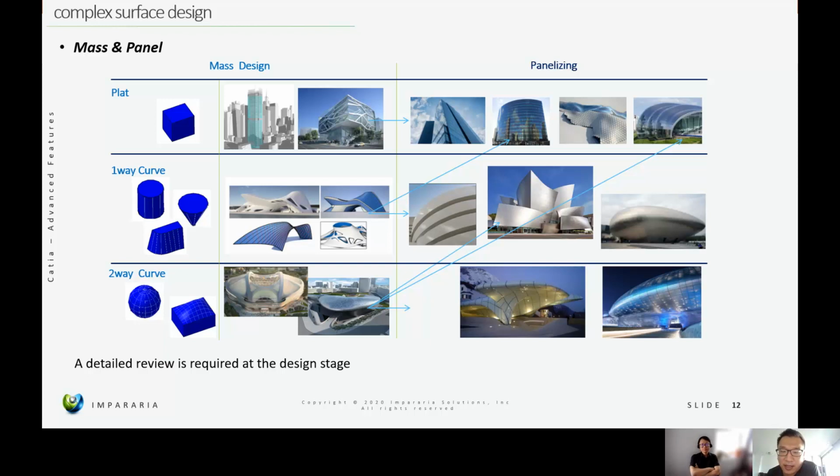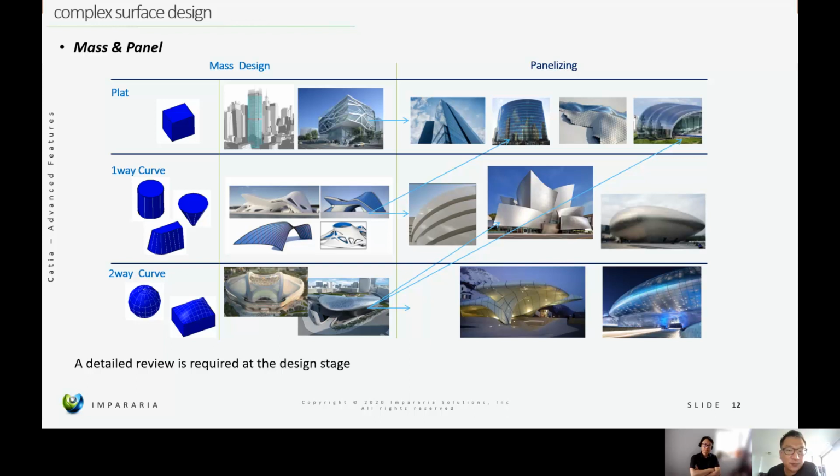But even for unique complex shapes with two-way curves, by applying different panelizing, it's possible to manufacture with lower costs. Okay, so those kinds of things.